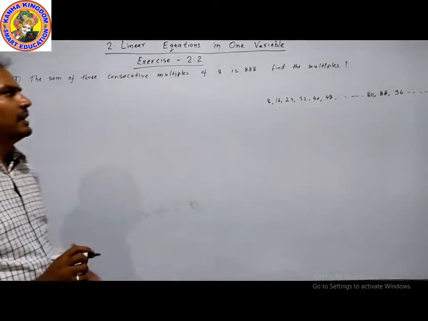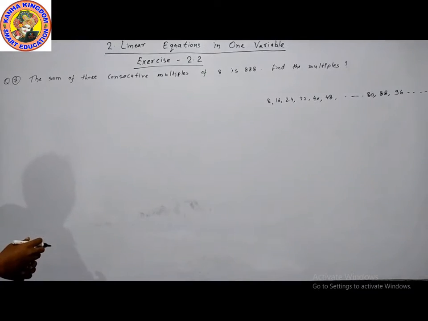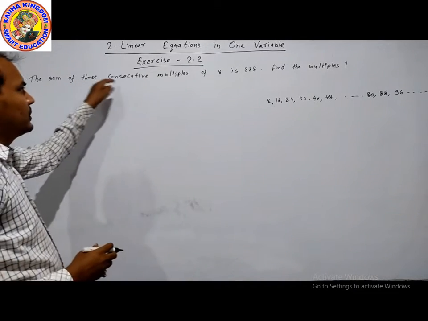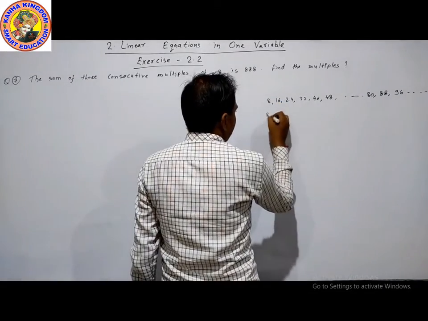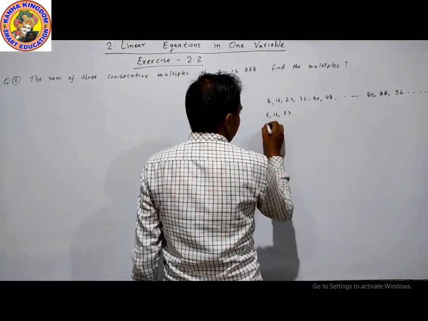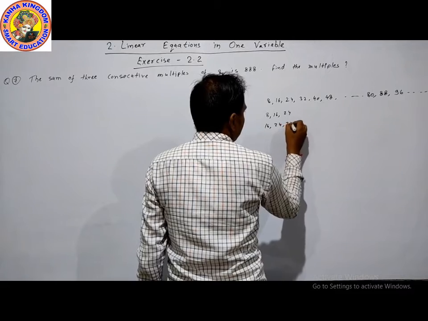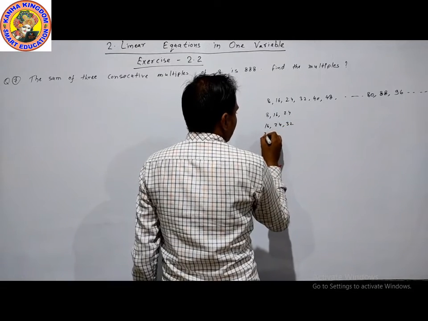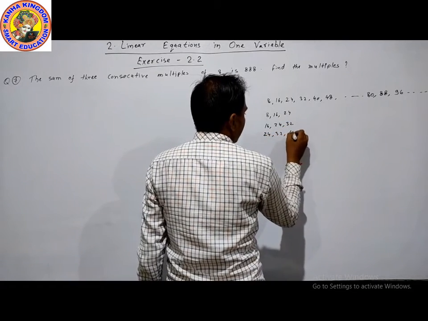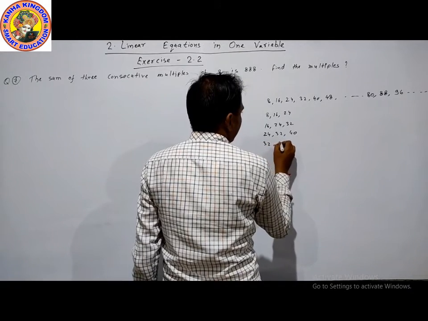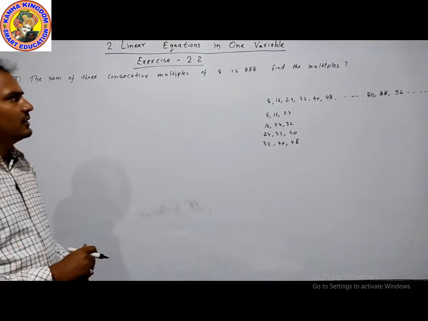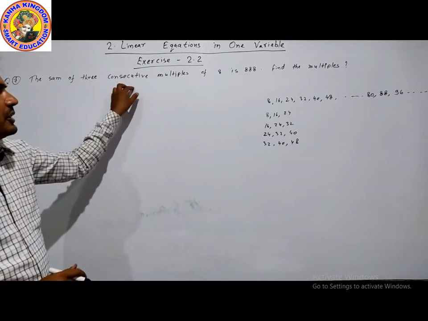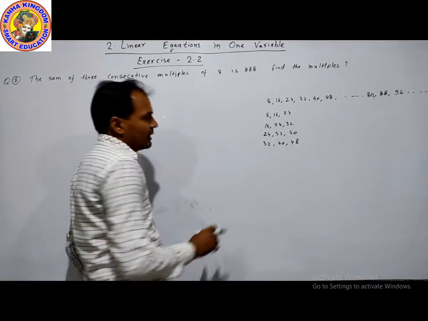These are multiples of 8. Three consecutive multiples are 8, 16, 24, or 16, 24, 32, or 24, 32, 40, or 32, 40, 48. These are 3 consecutive multiples of 8.